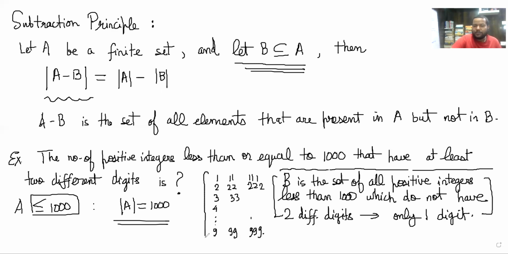These numbers only have one distinct digit, so there are no two different digits in any of them. So you can simply count this, and this will be 27. So our answer for this question will be |A| - |B|, which is 1000 minus 27, which is 973, right?